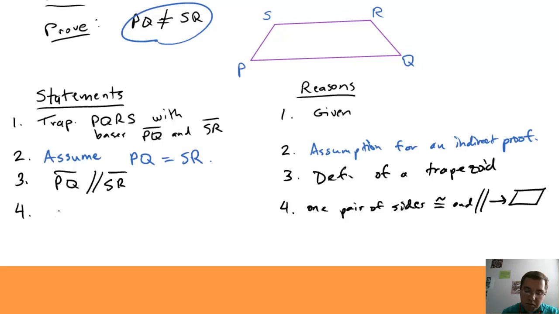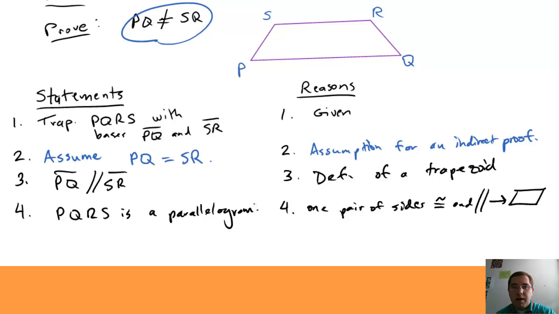That means PQRS is a parallelogram. But you should be screaming at your screen, because that's impossible. We said PQRS was a trapezoid. It can't be a parallelogram, because it can't be a parallelogram and a trapezoid at the same time. So if that's the case, we have a contradiction.